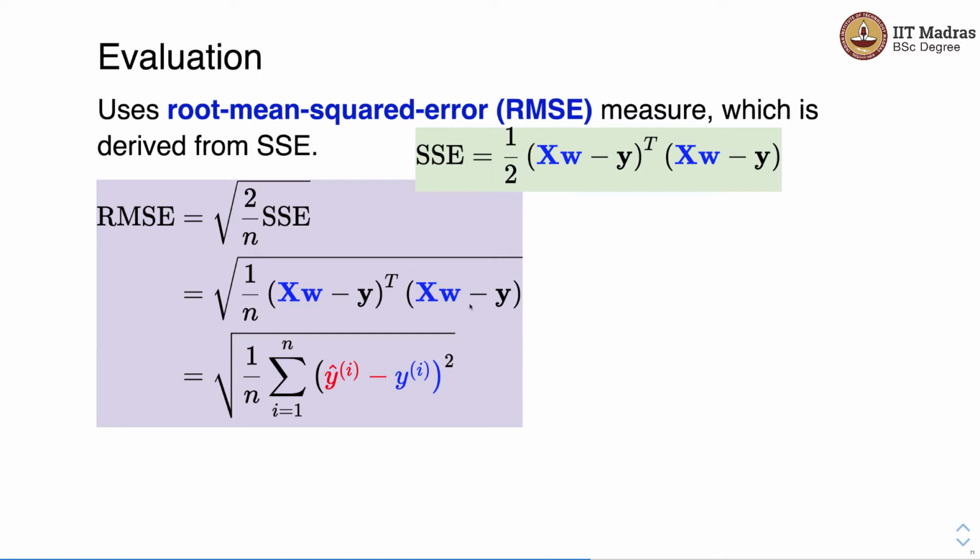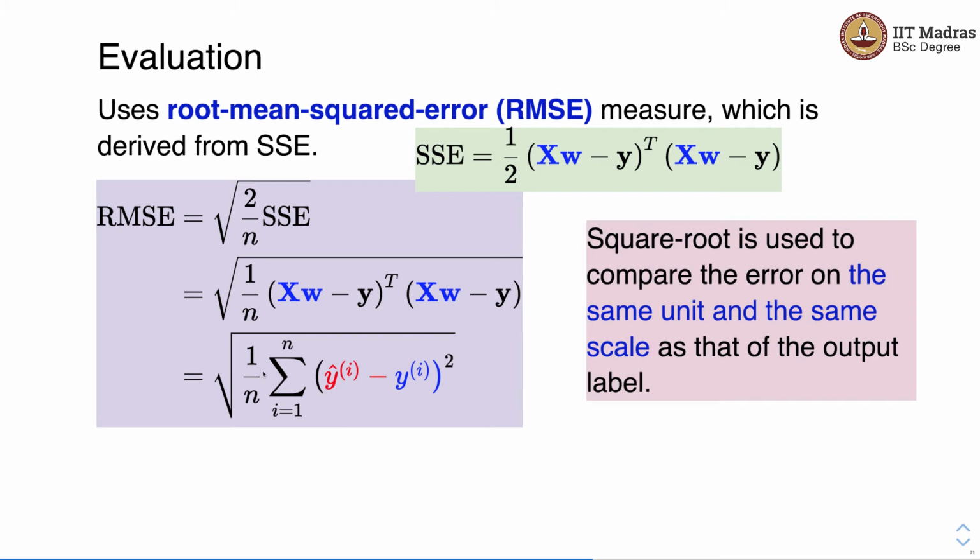If we write this in a non-vectorized form, this might be easier for all of you to read. This is the square root of 1 over n times the sum of the square of the difference between the predicted label and the actual label. Got it?